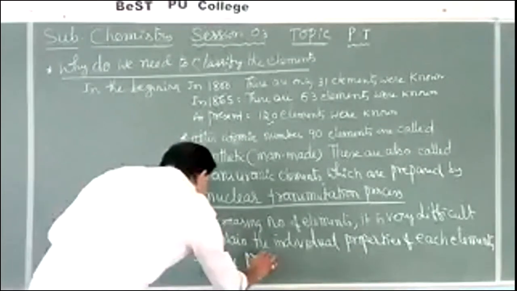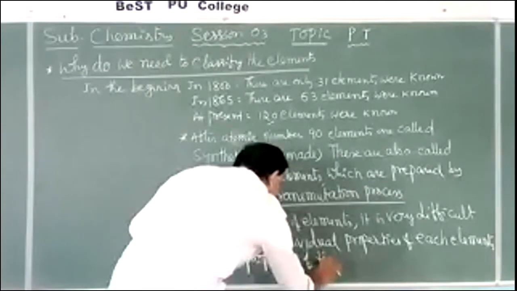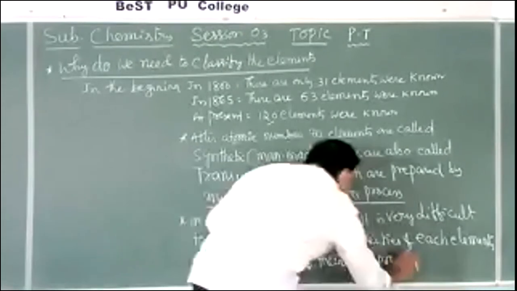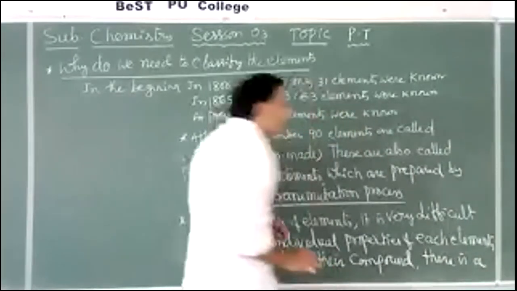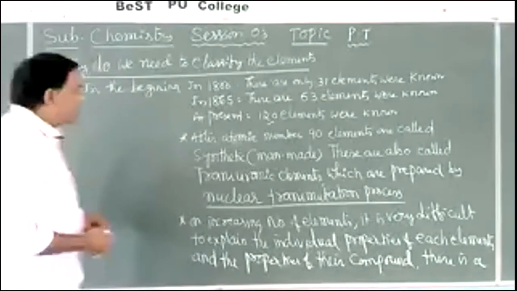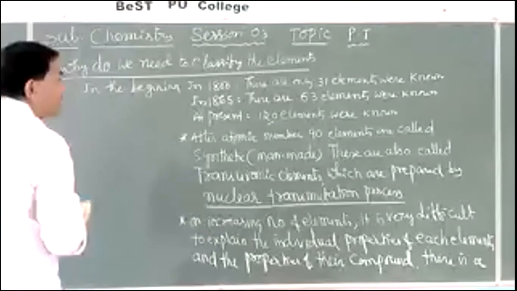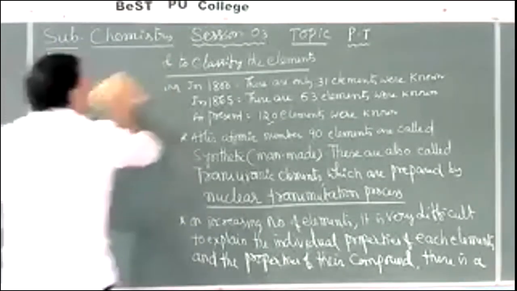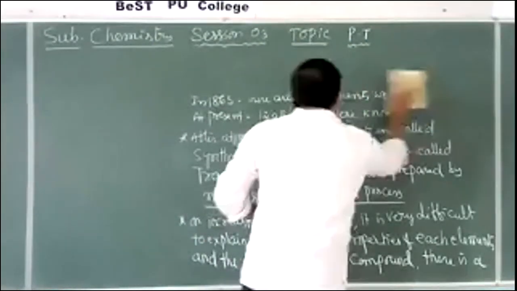There is a need to classify all the known elements. So why do we need to classify the elements? To remember the systematic characteristic properties of individual elements.